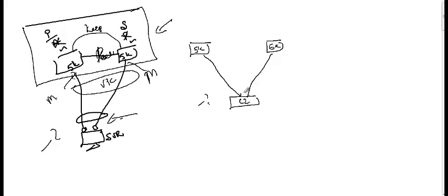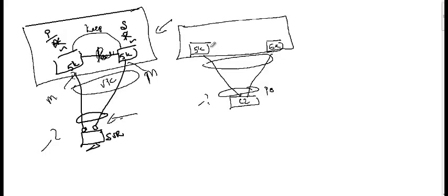So we may have an ether channel not on the server but on the switch. We have a port channel, and we got VPC between these two, and these two are VPC peers, and we have a peer link, and we got a keep alive link.